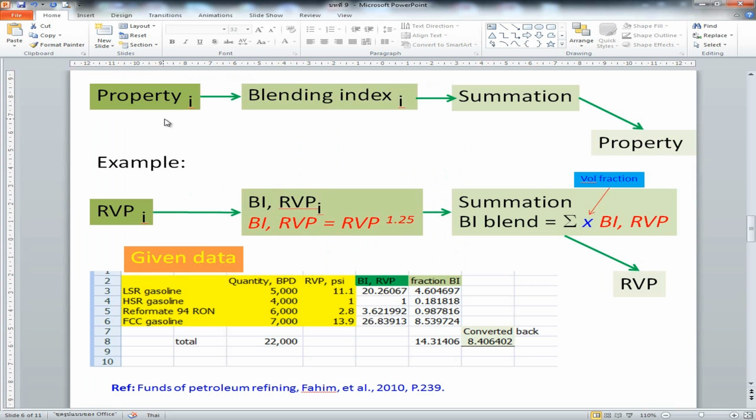You have to start by converting the properties into a blending index, and then make a summation of that, because we have several products coming together and mixing in the gasoline pool. Finally, we have to convert back to its properties. Okay, you may be confused by this diagram, but let's see it in the example.